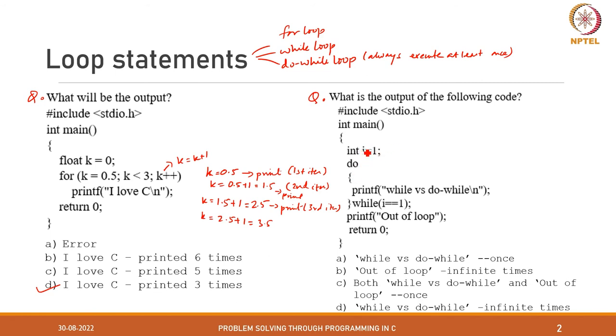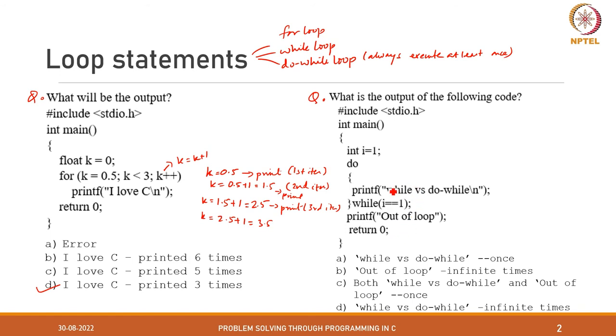There is an integer variable I which is initialized to 1, and in the do while loop we are printing this particular statement, which is while versus do while, and the condition is while I equals 1. And then after this loop we are printing another statement which is out of loop and returning something. So what should be the answer in this particular case?